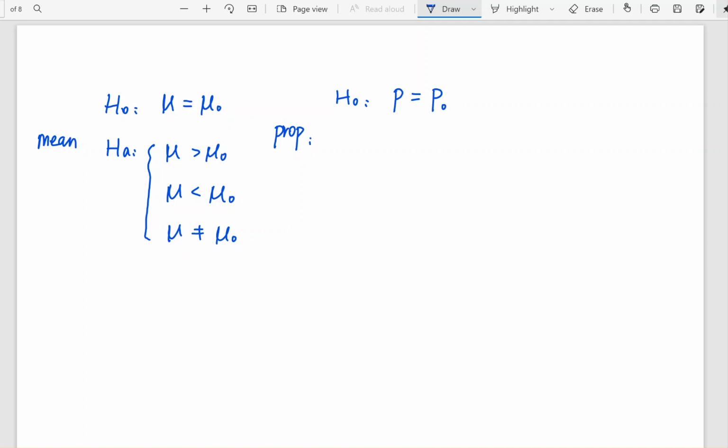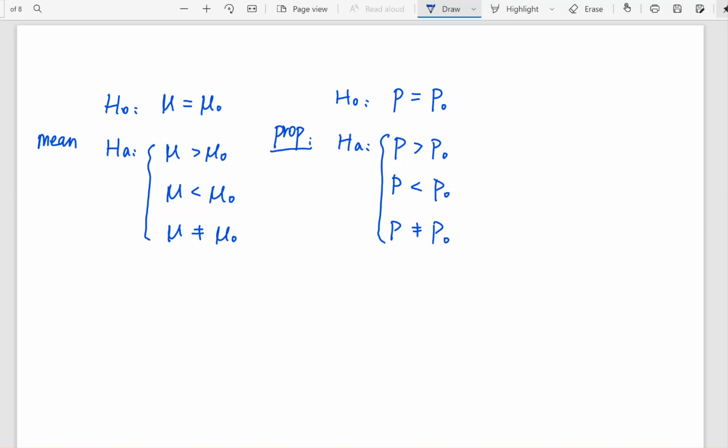Similarly, if you are testing about the proportion, our alternative hypothesis will still have 3 options: you can test the right-sided, the left-sided, or the two-sided test.